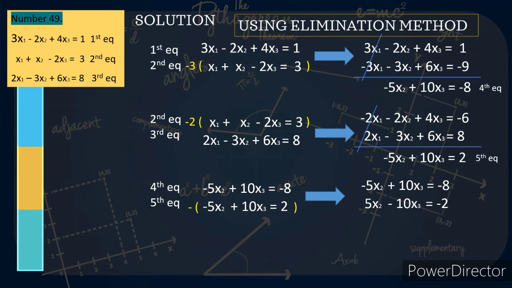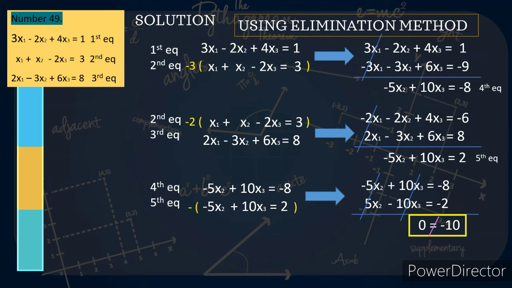And the fifth equation will be 5x sub 2 minus 10x sub 3 equals negative 2. And now, we cancel, and negative 8 plus negative 2 will be negative 10. Now we have 0 equals negative 10. As we can see, 0 is not equal to negative 10.